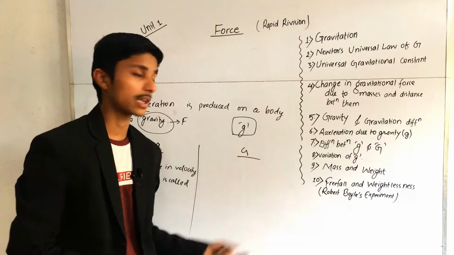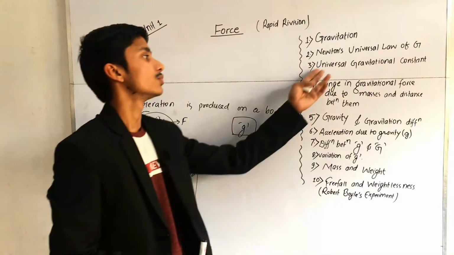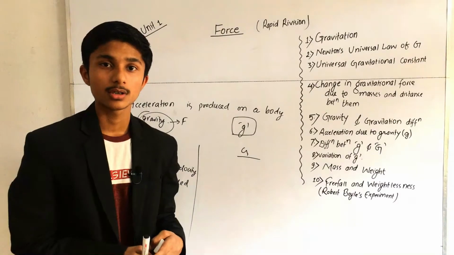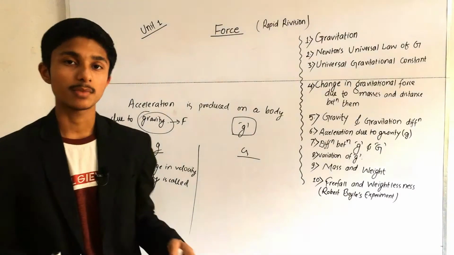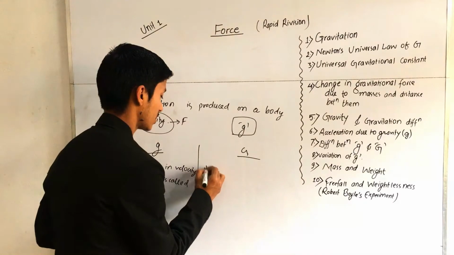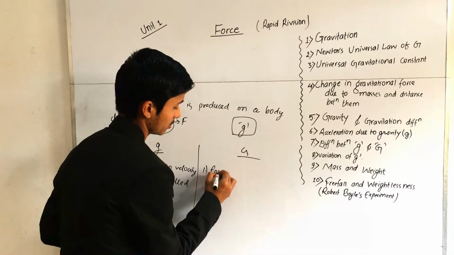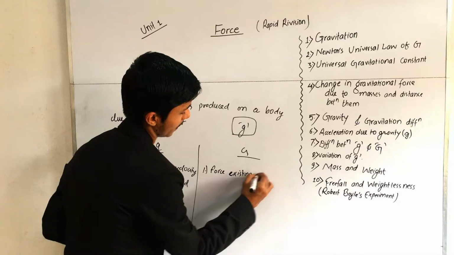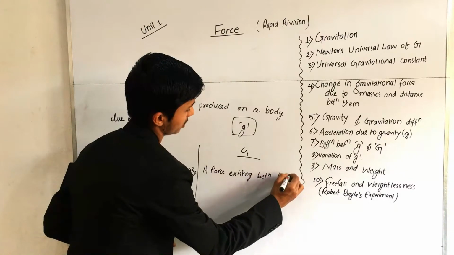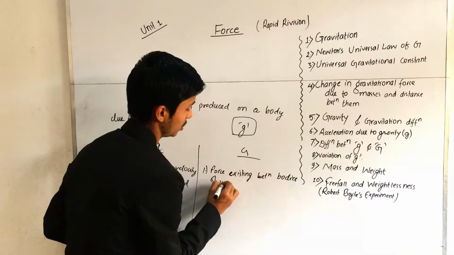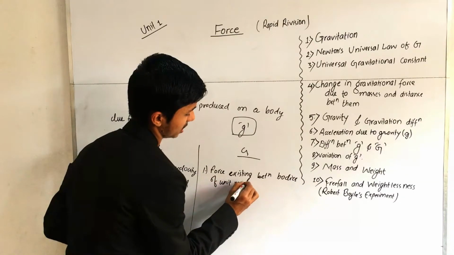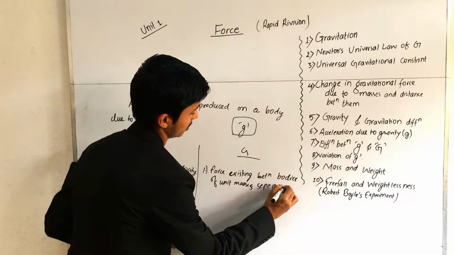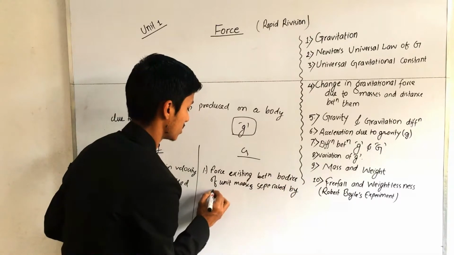Now, what is the universal gravitational constant? I have told you under this topic that the universal gravitational constant is the force existing between bodies of unit masses separated by unit distance.